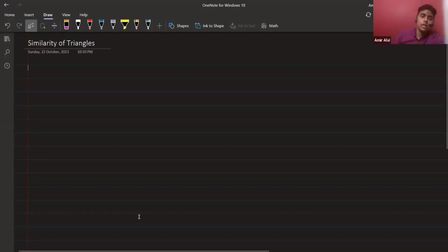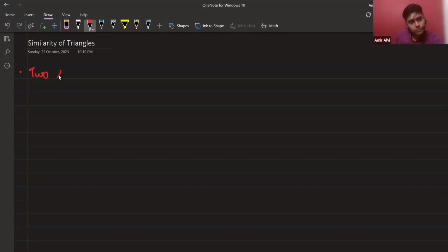Similarity of triangles. So basically, two triangles are similar if two conditions are there. First part is if their corresponding angles are equal.